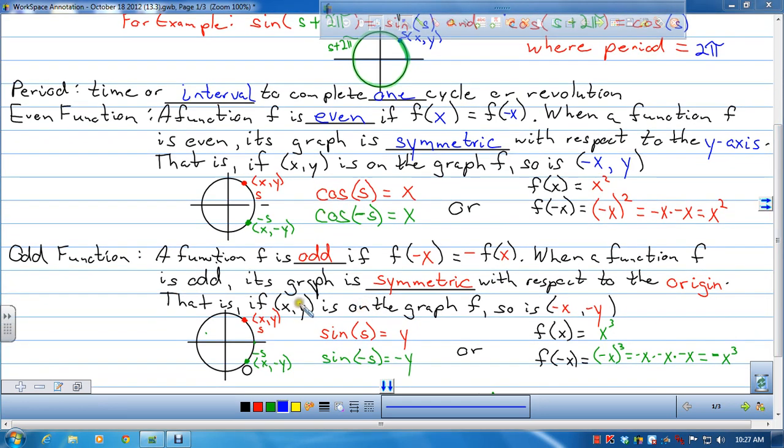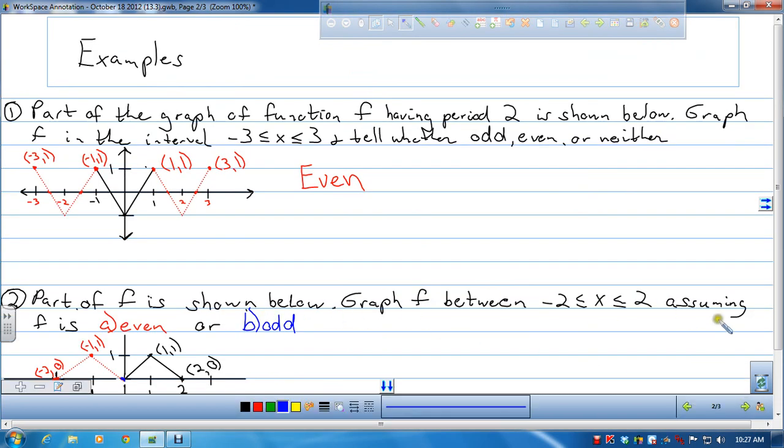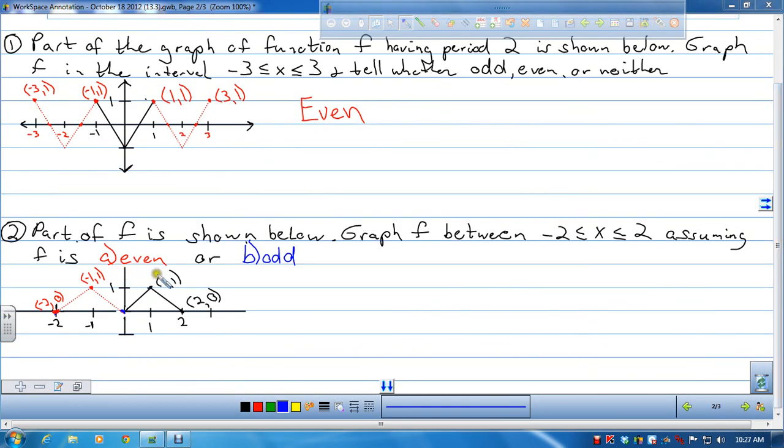on the odd graphs, if I have x, y, I should have negative x, negative y. So when I go here, if I had 1, 1, I should have a point at negative 1, negative 1 right there. Okay, negative 1, negative 1. And if I have a point at 2, 0, I should have a point at negative 2, negative 0, but we know that there is no negative 0, so that's just 0.